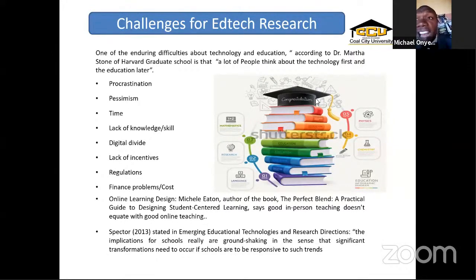Cybersecurity threat is a global concern now. Everybody is transiting to online education, but people are not talking much about protecting education data. How do you protect education data? Very, very important.